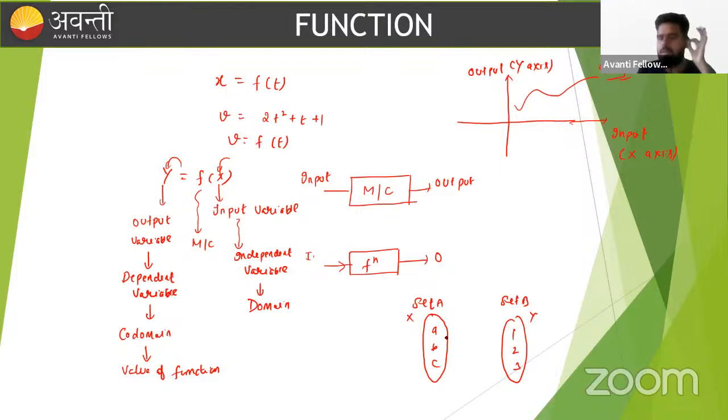Each element of set A is related to an element of set B. Element A is related to 1, element B to 2, and similarly element C to 3. So every element of set A is related to an element of set B. So there is a relation, and this X is known as the domain, and this Y is known as the codomain.